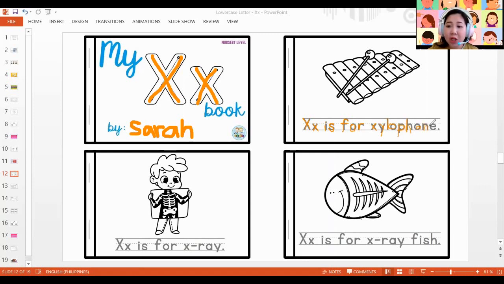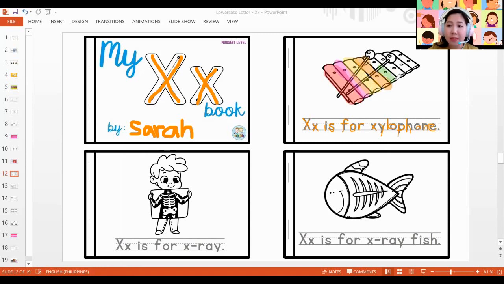You can make your xylophone colorful just like what teacher will do. So I will use different colors for my xylophone because inside the school, teacher has a toy xylophone. And it also has rainbow colors on it.